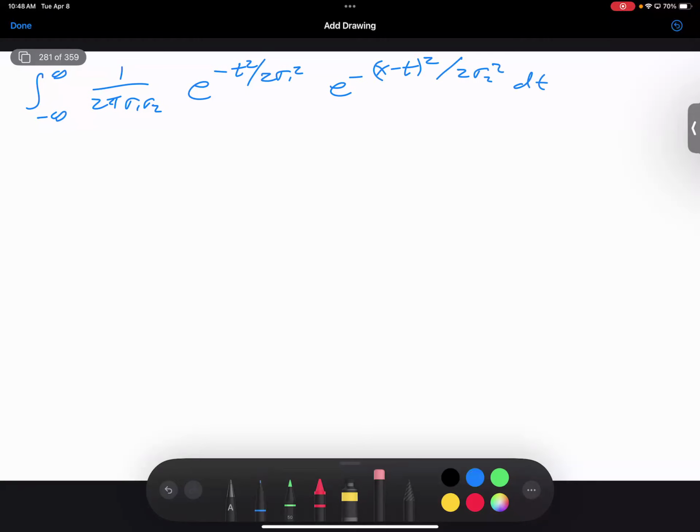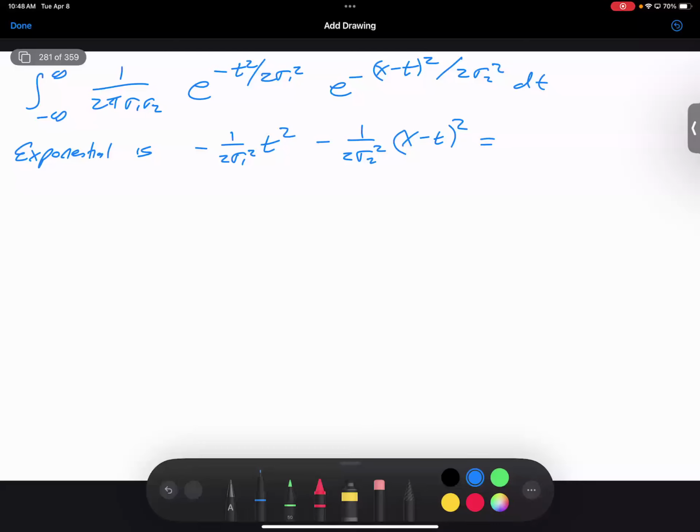So the exponential is negative 1 over 2 sigma 1 squared t squared minus 1 over 2 sigma 2 squared x minus t squared.